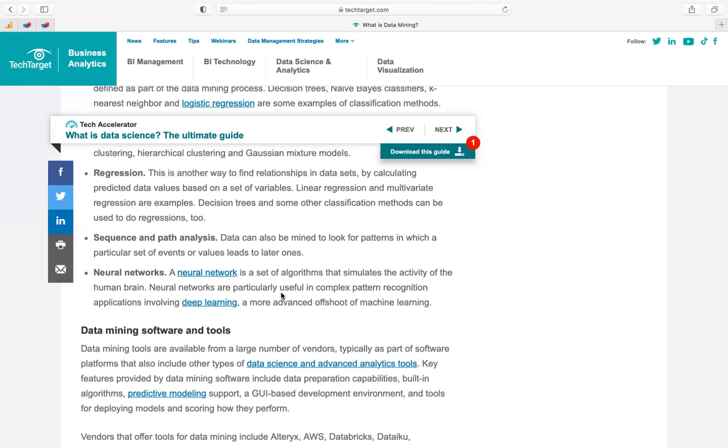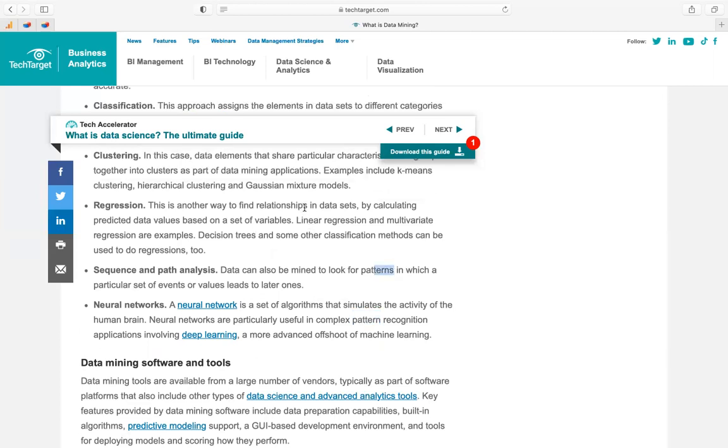So neural networks are like brain cells that perform actions or steps in a particularly useful way by trying to find complex patterns. So here you see another pattern: pattern, pattern, relationships, pattern.